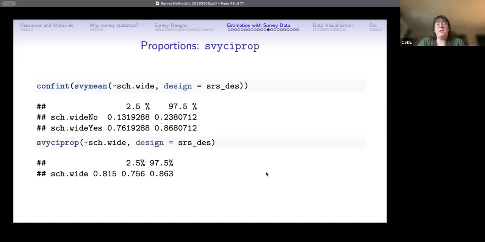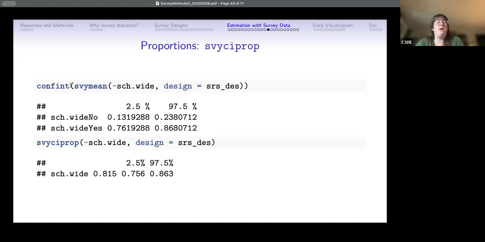The svymean function is how you would still calculate the point estimate for a proportion in the survey package. But if you want the proper binomial corrected standard errors and confidence intervals, then you will need to use the svyciprop function.